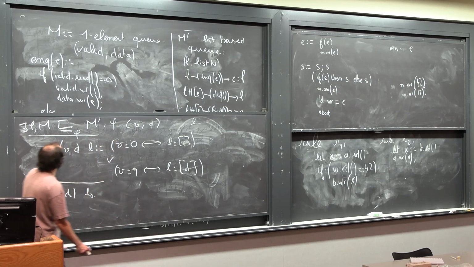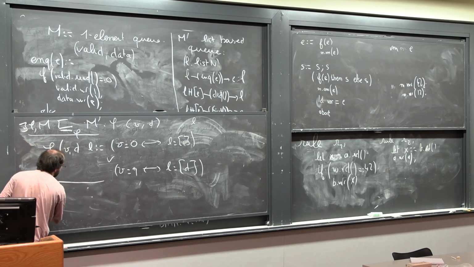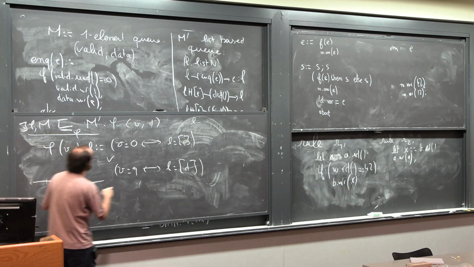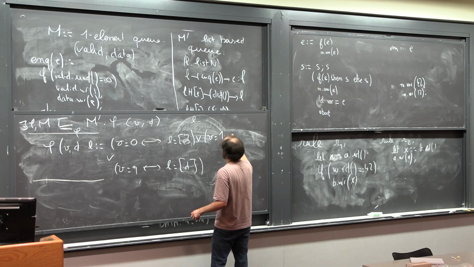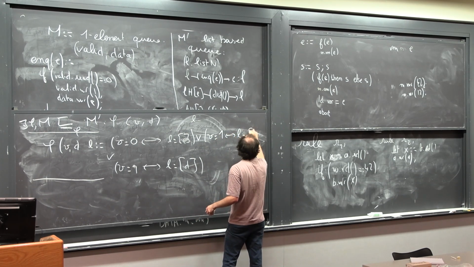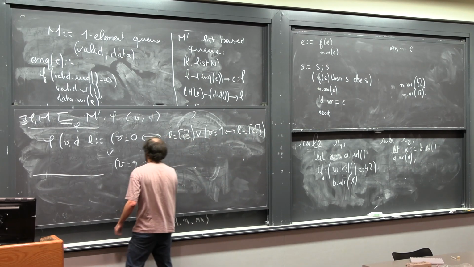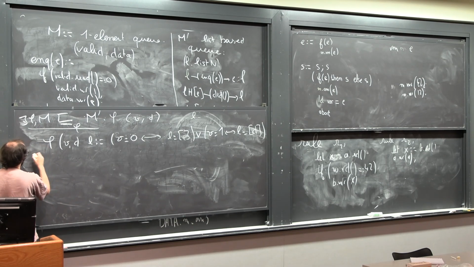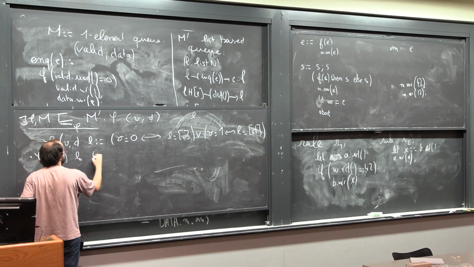Well, let's assume that phi holds for an arbitrary state. Maybe I should have written it slightly smaller to get more space. Let me put it here. And it's really just mechanics at this point. So we said phi of V0, D0, L0.